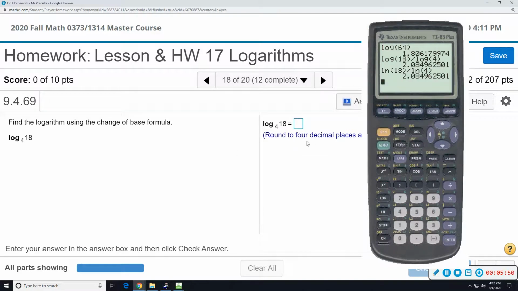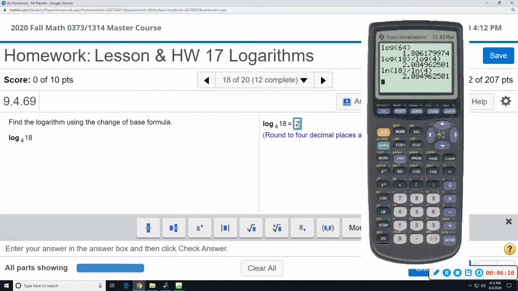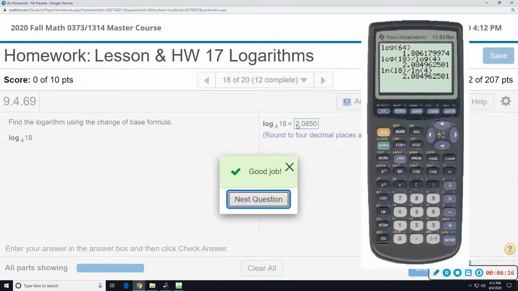So that'd be 2.08. Does that 49 stay a 49 or does it go up to 50? What do we look at? A 6. If it's 5 or bigger, you boost up, so that 49 becomes a 50. 2.0850.